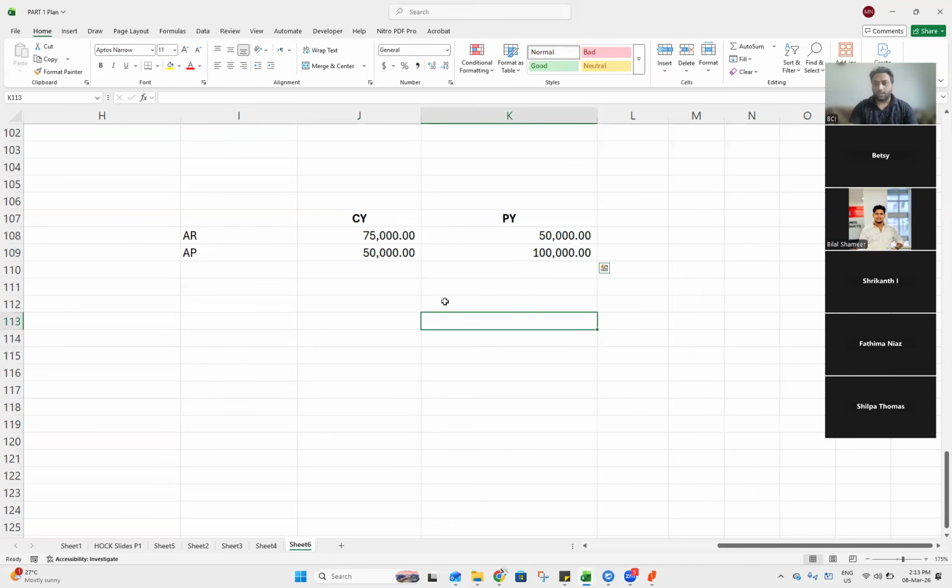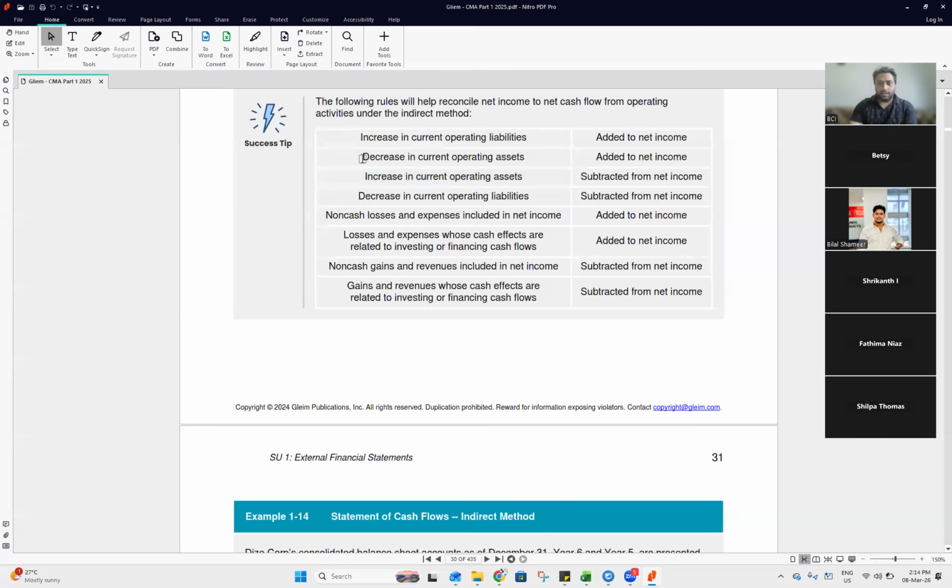You paid 50,000, right? So that's a cash outflow. So a decrease in the current operating liabilities, what happens? Subtract from the net income. Both are considered cash outflow. The same way we can understand these two also.